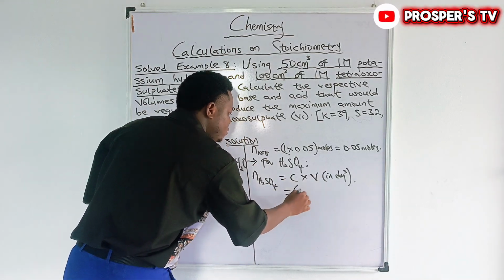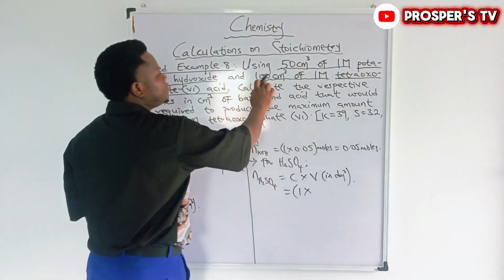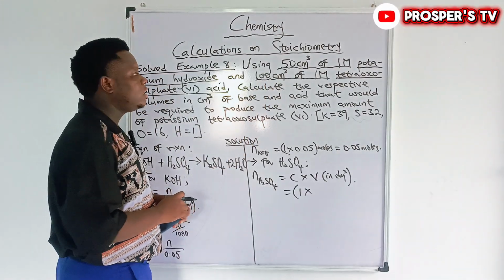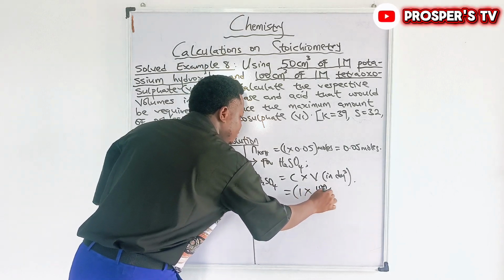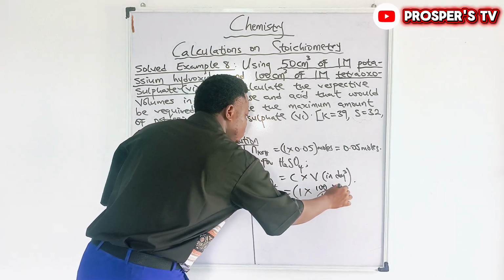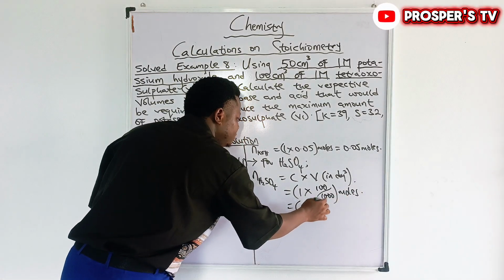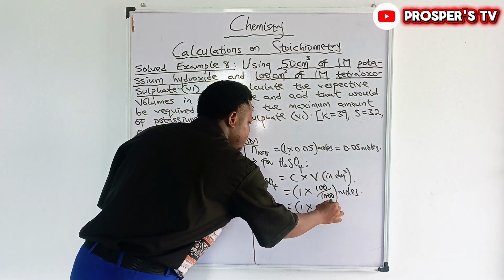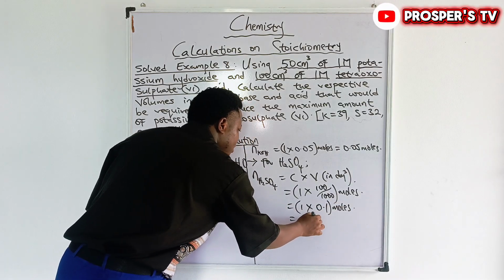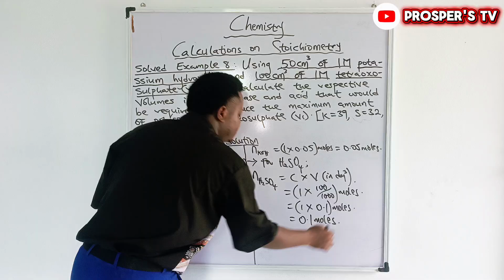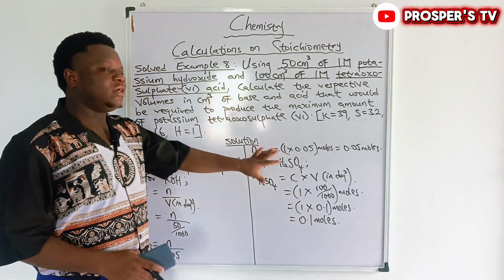So we have 1 times your volume. You have 100 centimeter cube, you divide by 1000, remember? So that would be 1 multiplying 0.1 moles. So we have 0.1 moles over here. So this gives you the mole of the acid. So this is your first stage.